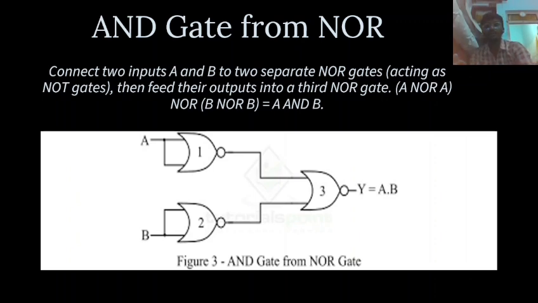These two outputs are combined as the inputs of one NOR gate, giving Y equal to A into B. In this way, we can make any basic logic gates using the fundamental universal gates.